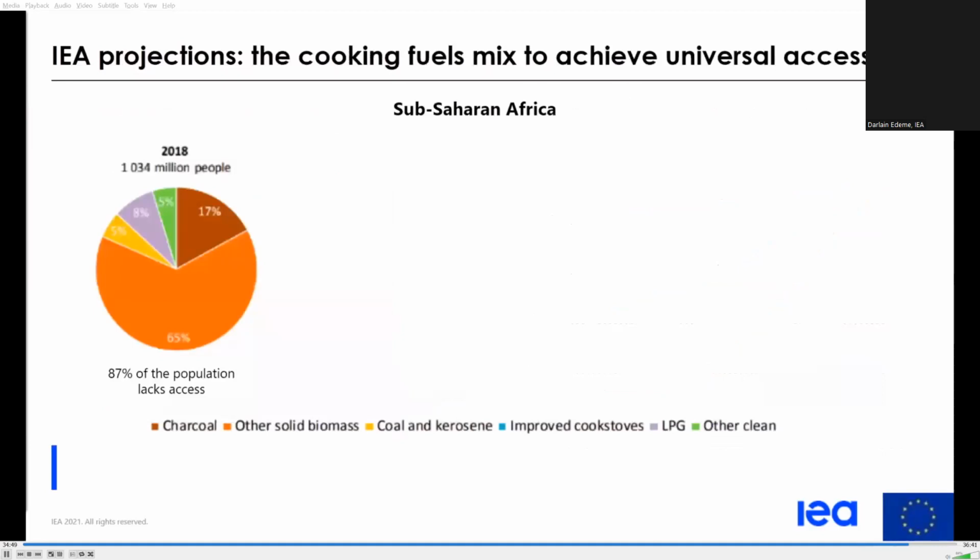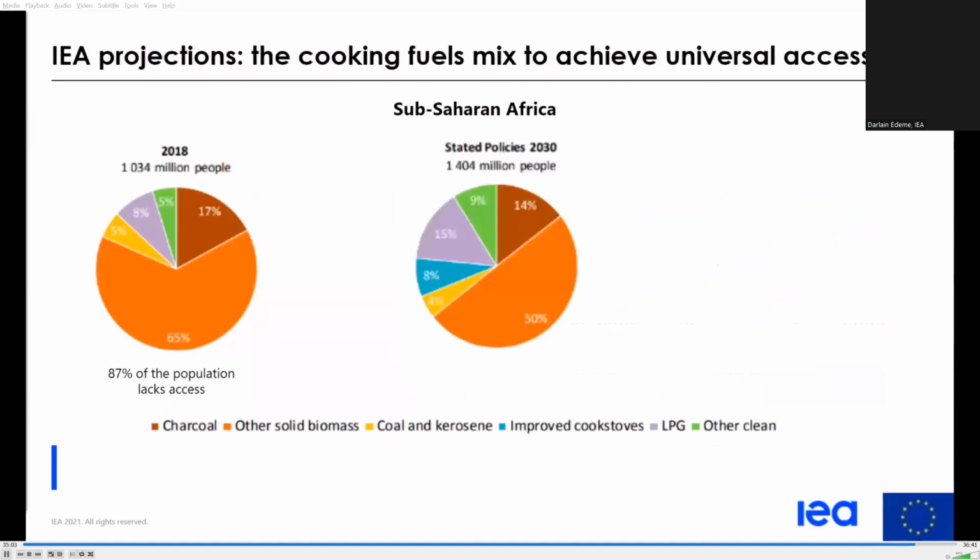In 2018, 87% of the population in Sub-Saharan Africa still lacked access to clean cooking, and the fuel mix still has a lot of unclean fuels. In the stated policy scenario, more people gain access to clean fuels and technologies for cooking by 2030, but 70% of the population still lack access.